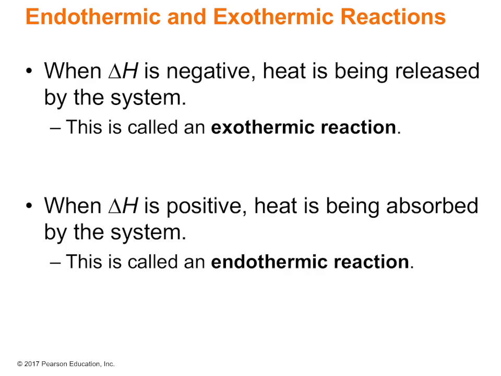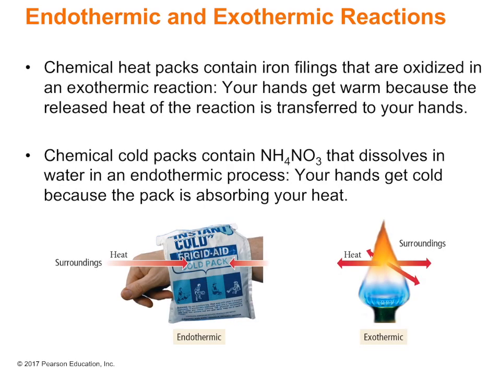Now, you can actually see this in certain reactions. Chemical heat packs contain iron filings that are oxidized in an exothermic reaction. Your hands get warm because the released heat of the reaction is transferred to your hands. So an example of an exothermic reaction would be those chemical heat packs, your hand warmers. An example of an endothermic reaction is those cold packs that you use.